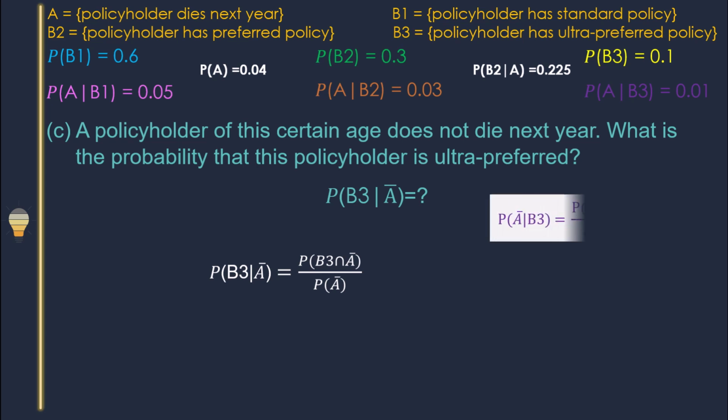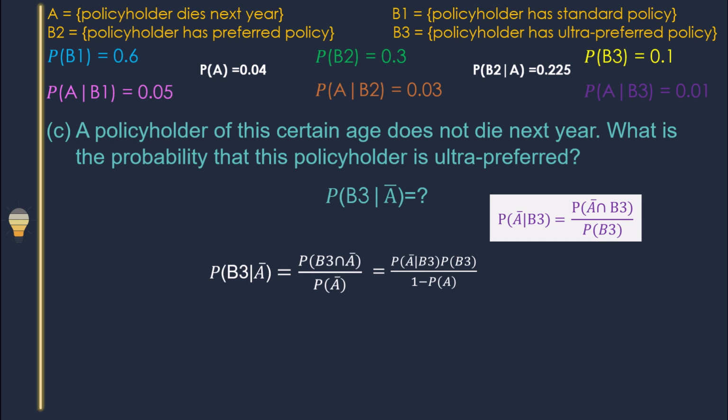You can write this one and plug it into the top of the right side. You see the probability of B3 and A complement, so you can plug it in. Then for the probability of A complement, I write 1 minus the probability of A.